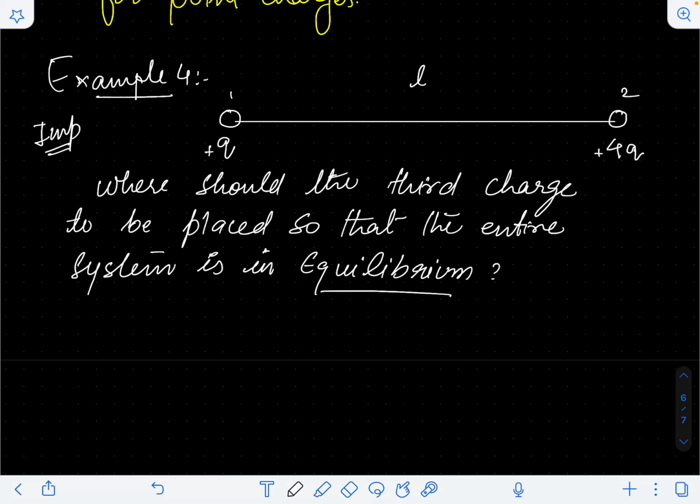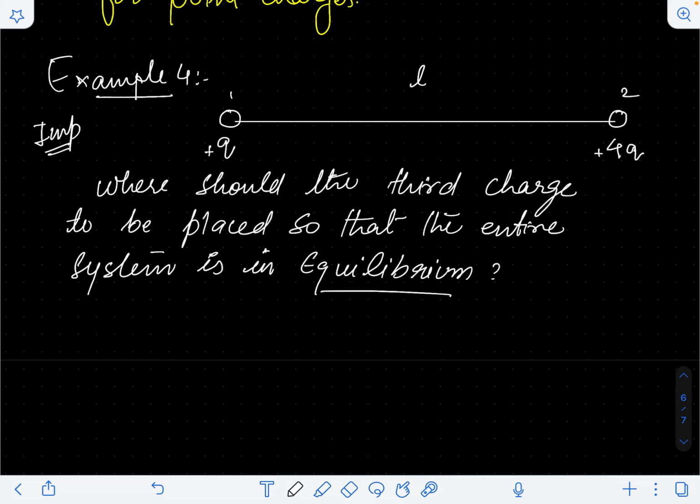In this example we have two charges, so this is a two charge system, having magnitudes q and 4q. This system is in equilibrium if the net force on charge 1, that is plus q, is 0, as well as the total force acting on the second charge that has magnitude plus 4q.